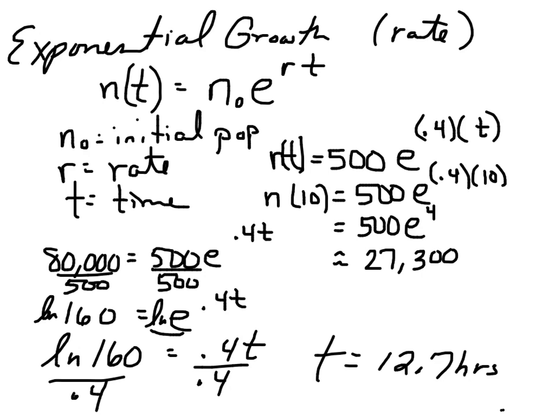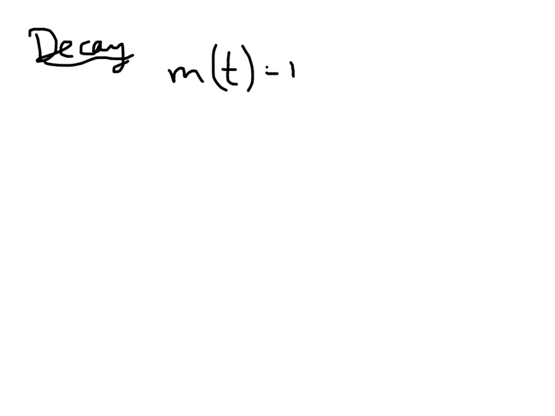Then the next type of problem that they're going to talk about is the decay model. The decay model, M0, which I'm assuming you guys can figure out what that is now, but just so you know, M to the T is how much you have now.